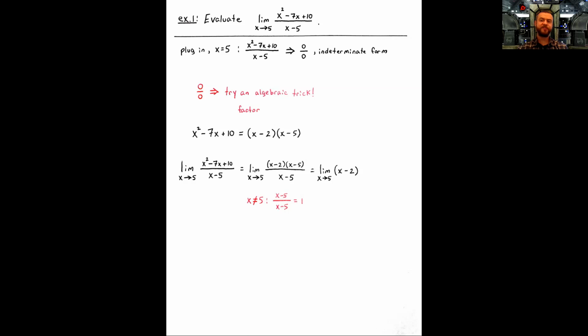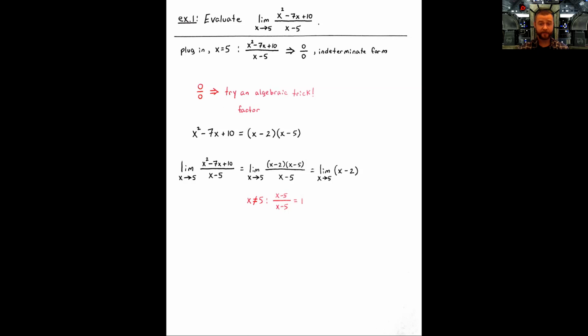And think back to limits. When evaluating a limit as x approaches 5, we are not concerned about reaching the case when x equals 5. So through evaluating the limit here, x never equals 5, which means we can cancel the factor of x minus 5 out.